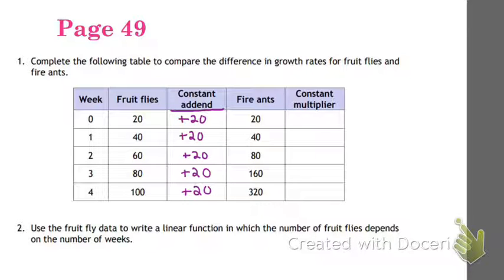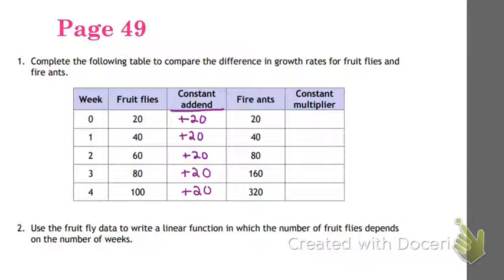And now let's take a look at the fire ants. So we start with 20, and then we get 40, and then we get 80, and then 160, and then 320. So what's happening to our number of fire ants each week? It's doubling, times 2, yeah. So our fire ants are doubling each week.